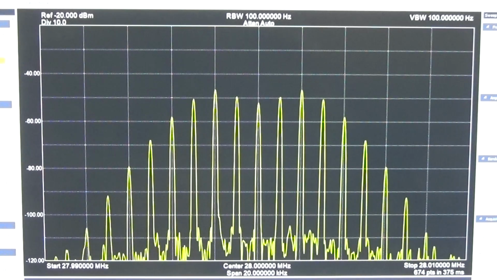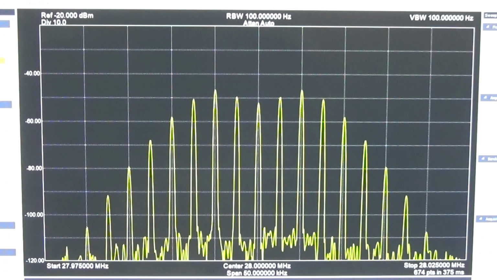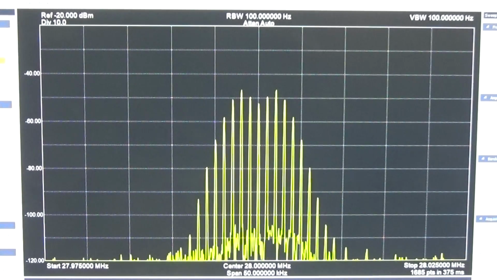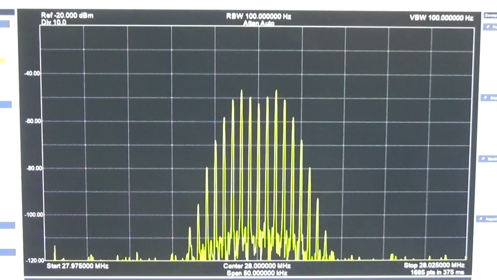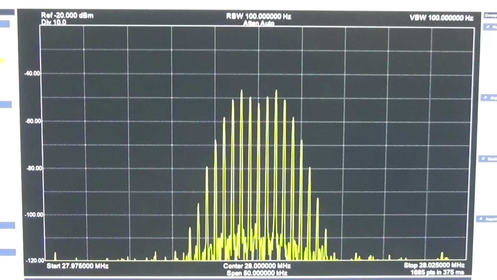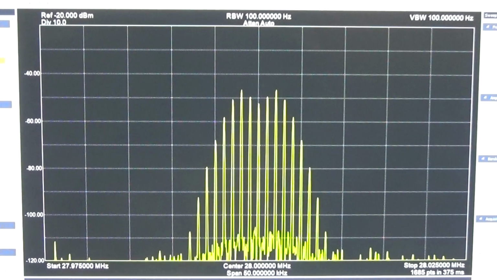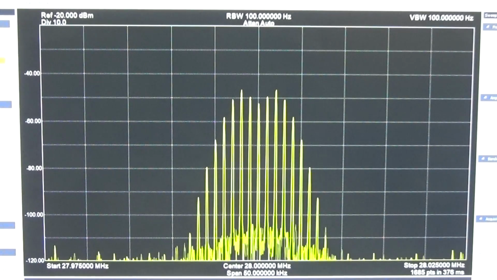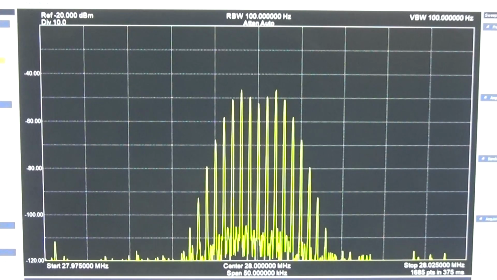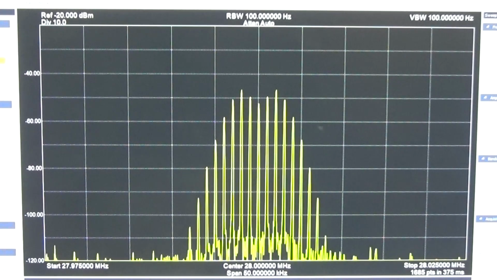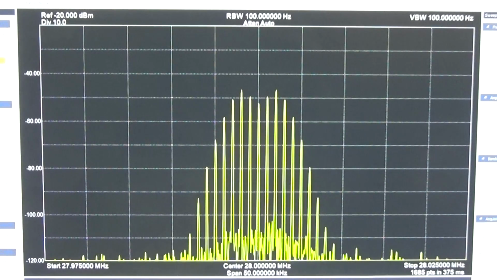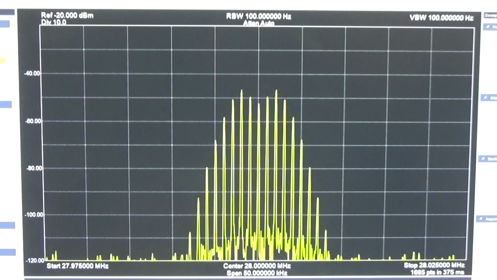Okay, now in this information here you really cannot see the deviation, right? And that is important information. We need to know the deviation, because the wider our deviation is, the more band space or bandwidth we need.